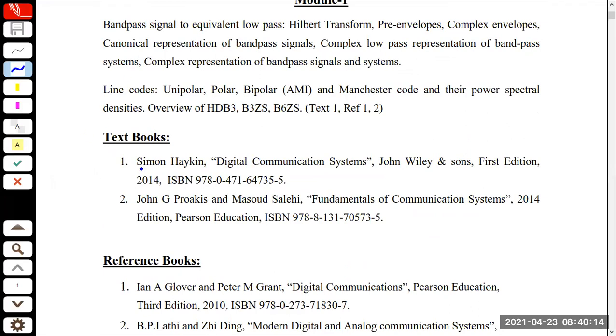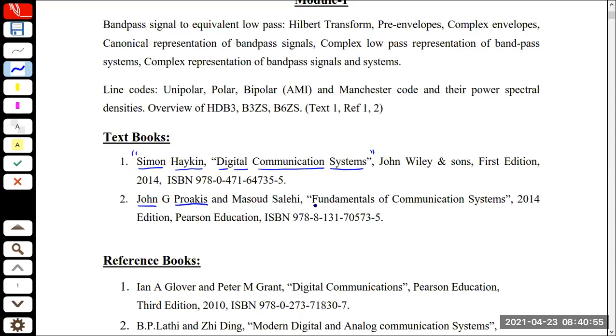So these are the prescribed textbooks for your digital communication. The very first textbook is Simon Haykin, and the title of the book is Digital Communication Systems. You're supposed to take a copy of this from your library, or I have posted a soft copy of Simon Haykin in our Google Classroom. And I'll upload the other textbook also, by John G. Proakis.